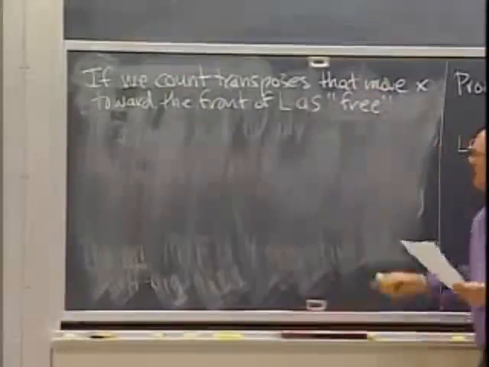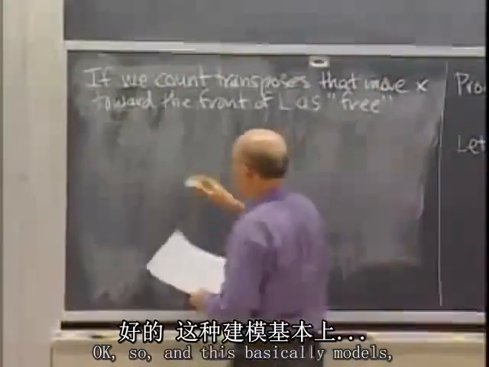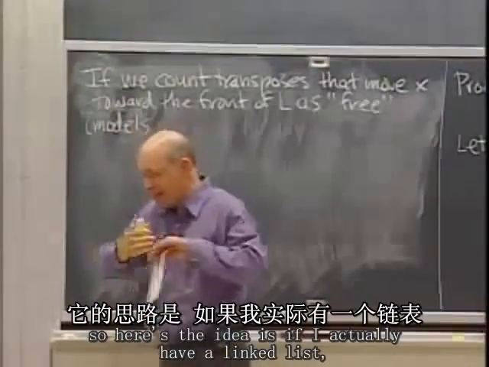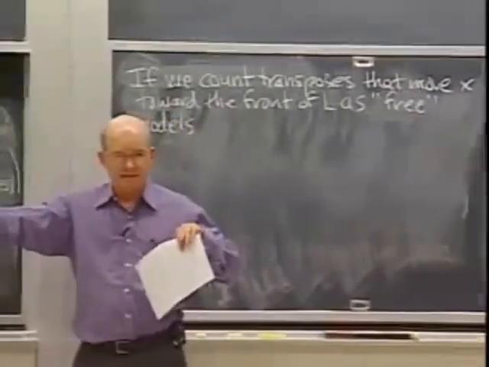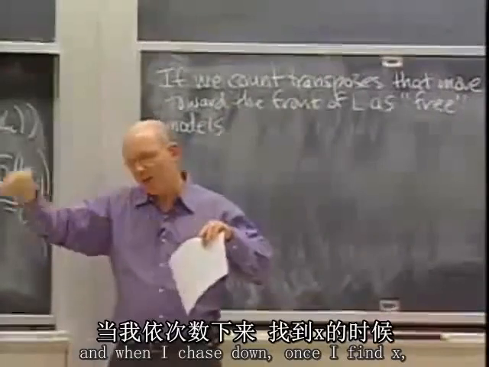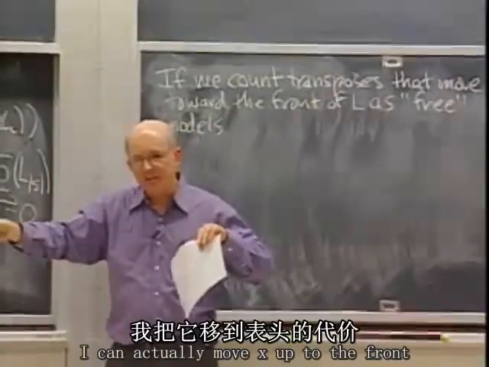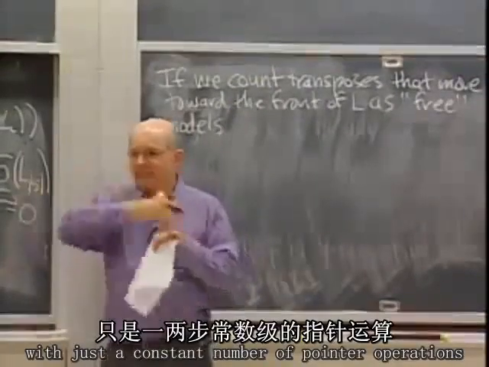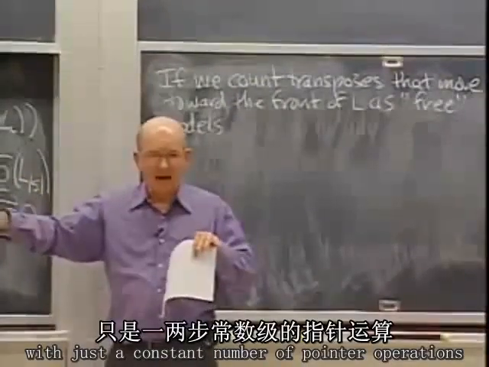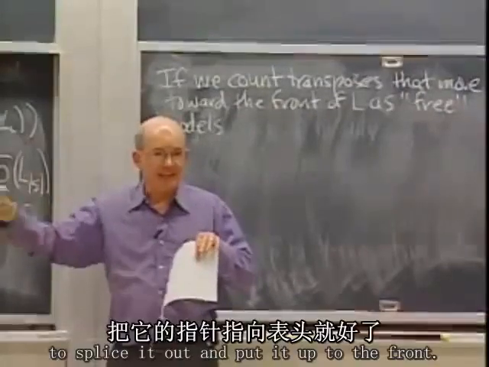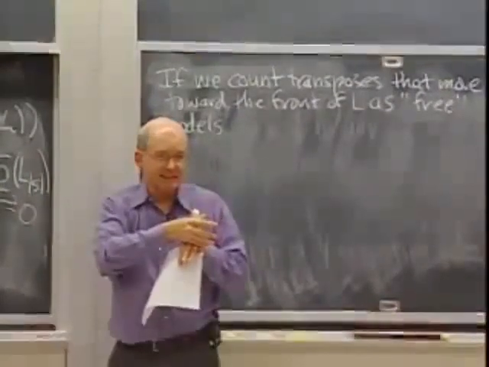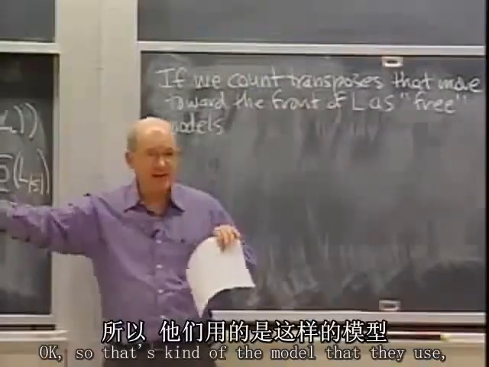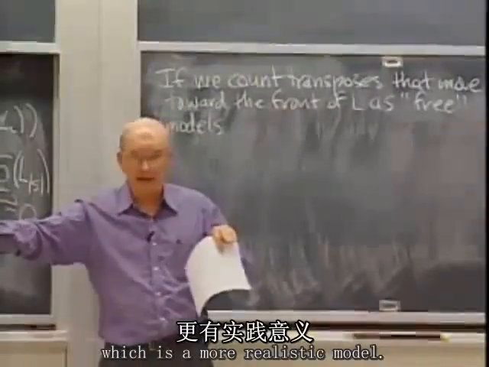Basically the idea is, if I actually have a linked list, then when I chase down and find x, I can move x up to the front with just a constant number of pointer operations to splice it out and put it up front. I don't actually have to transpose all the way back down. So that's the model that they use, which is a more realistic model.